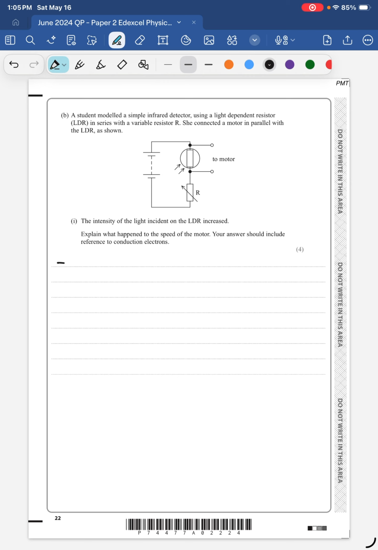So you have to remember that LDRs, diodes, solar panels are semiconducting materials. And in these materials, if you give them heat or photons or whatever, you increase the number of electrons in their conduction band, as it is called. So their resistance drops.